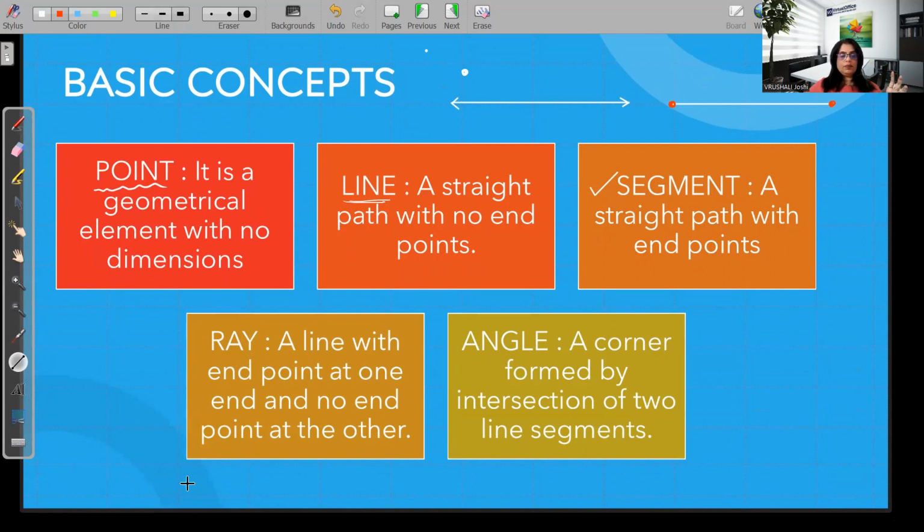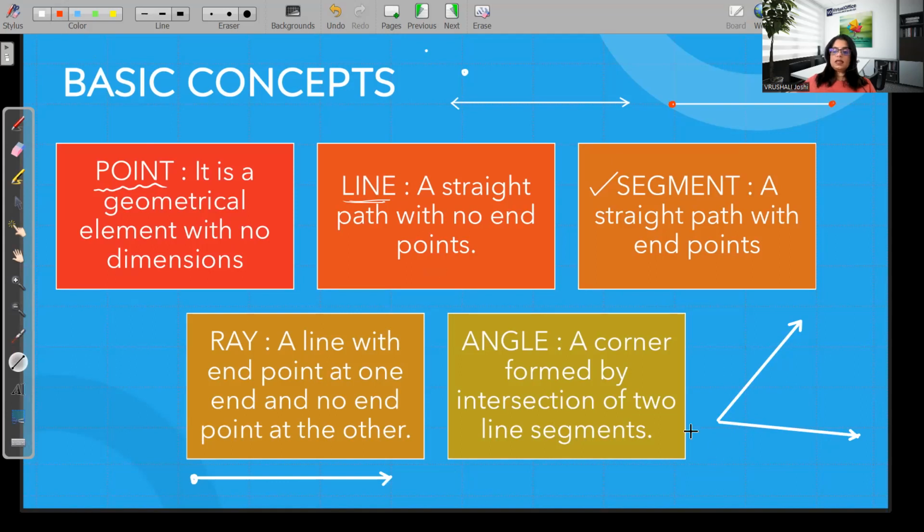If you draw a straight path, you put an arrow at one end and you put the endpoint at the other end. So this is a ray. Then we have the angle. What is the meaning of the angle? You take one line segment or one ray, and you take another ray or a line segment.